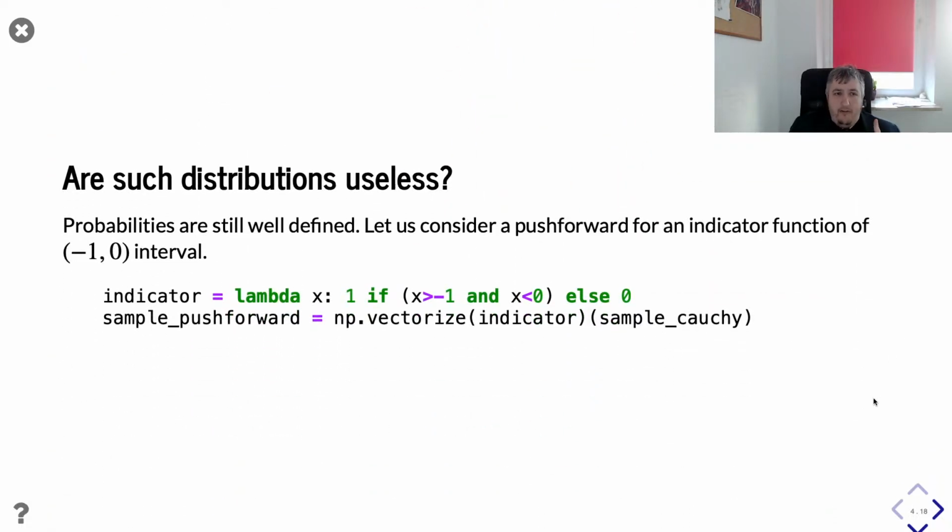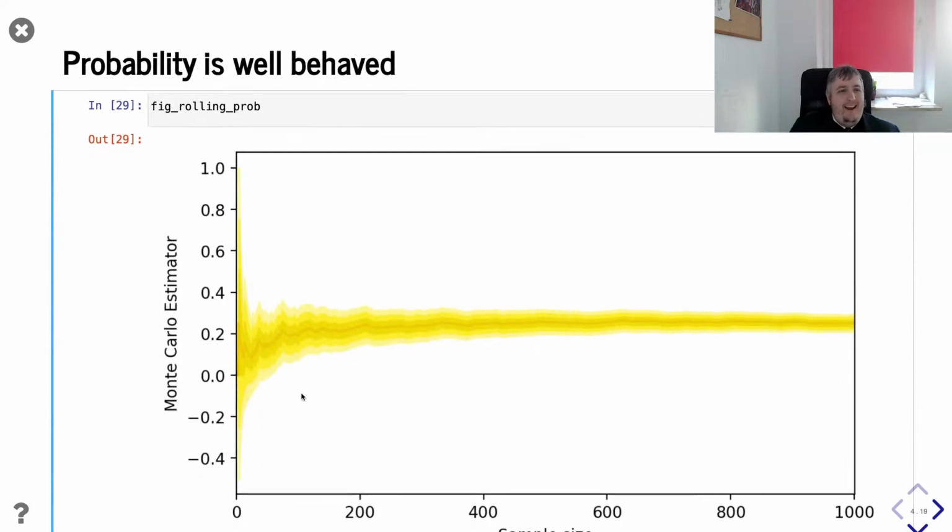However, it is very important that while we cannot compute the mean of this distribution because it does not exist, the probabilities are generally well defined. So if, for example, we are interested in the estimate of the probability of a sample belonging to an interval between -1 and 0, we can easily estimate that probability using the same methodology as before.